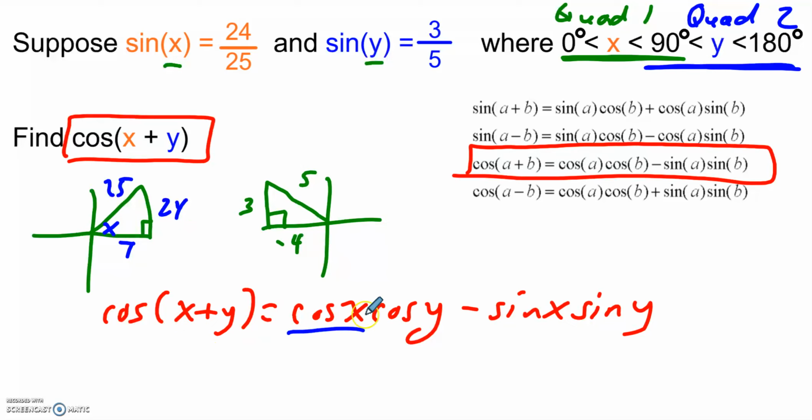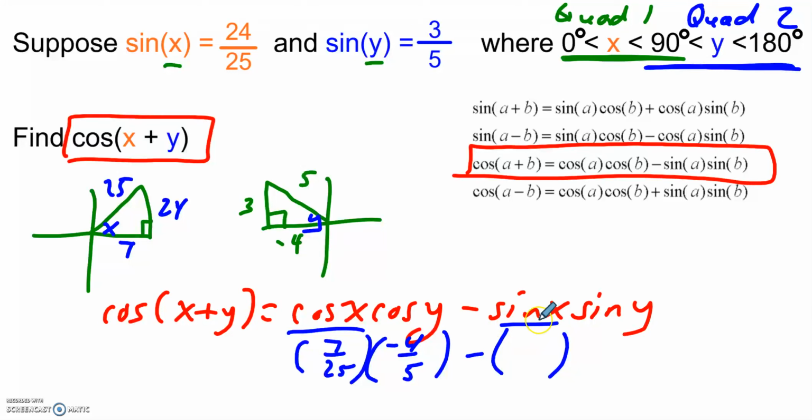So cosine of x is adjacent over hypotenuse, which is 7/25. Cosine of y, which I should have put a little y here, is going to be -4/5, minus sine of x is opposite over hypotenuse, and sine with the reference angle of y is 3/5.